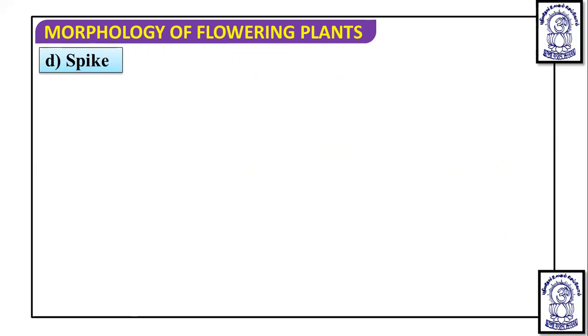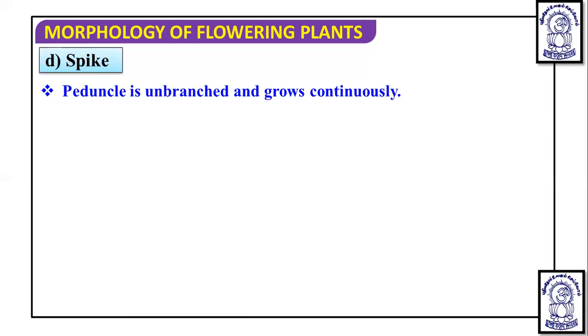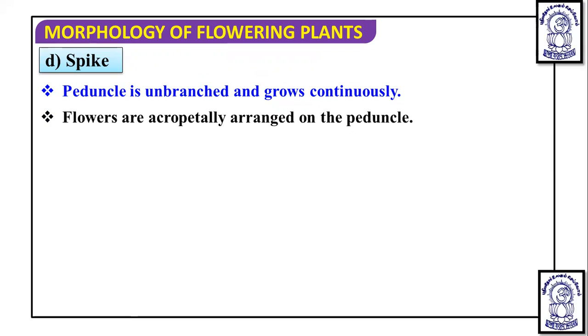But from spike onwards, the racemose inflorescences which we will study will have sessile flowers, in which the pedicel or stalk of the flower is absent. So in spike, which is a simple racemose, the peduncle is unbranched and growing continuously, and flowers are arranged acropetally, but flowers are sessile and bracteate.